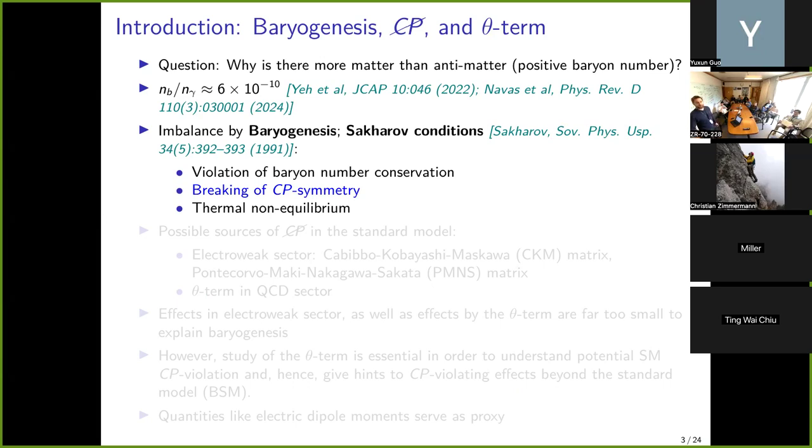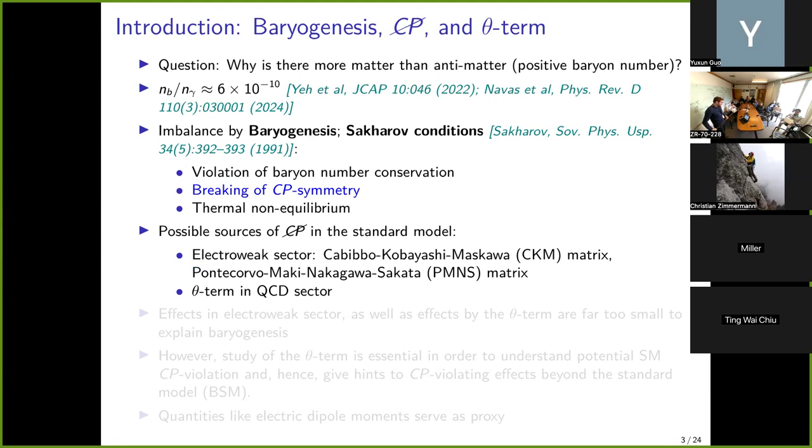You need breaking of CP symmetry, the mixture of charge conjugation symmetry and parity. And you have to have a departure from thermal equilibrium. All of what I'm going to tell you in this talk is about the second point, the breaking of CP symmetry.